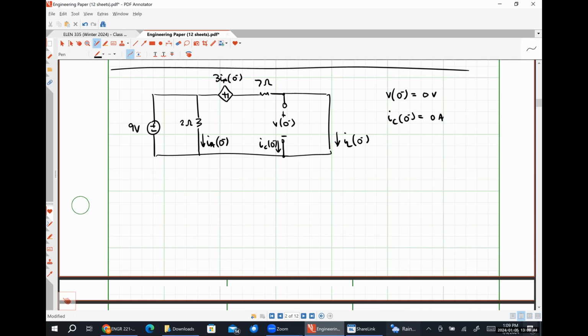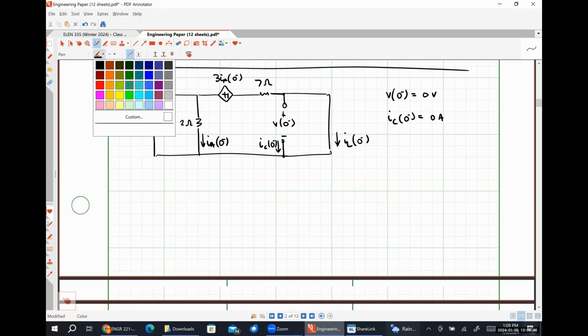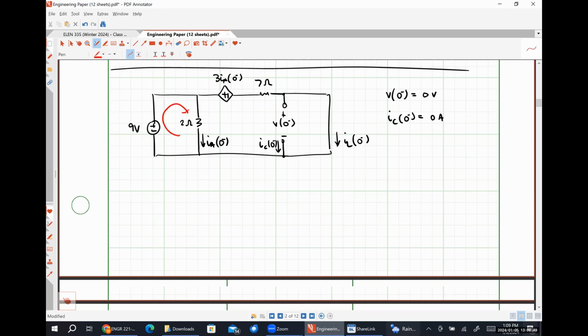So using mesh analysis here, call that I1 and I2, we would have -9 volts plus 2 ohms times (I1 minus I2) is equal to 0.